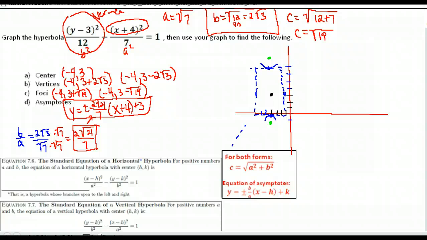I do have equations for them, so you can use the equation. The asymptotes will go through the center and through the corners of that rectangle we just formed, and then your curves for your hyperbola should go through your vertex and follow those asymptotes. So there is a graph of that hyperbola.